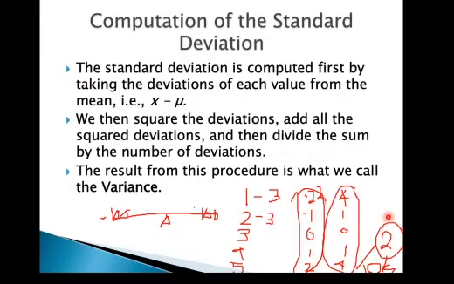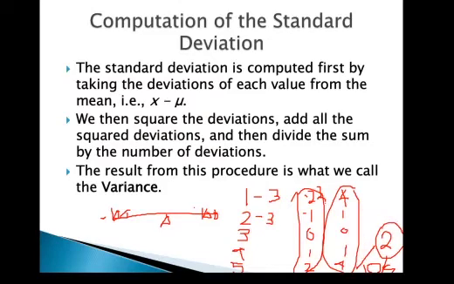So to bring this back to the original unit, we need to get the square root of the variance, and the square root of the variance is what we call the standard deviation.